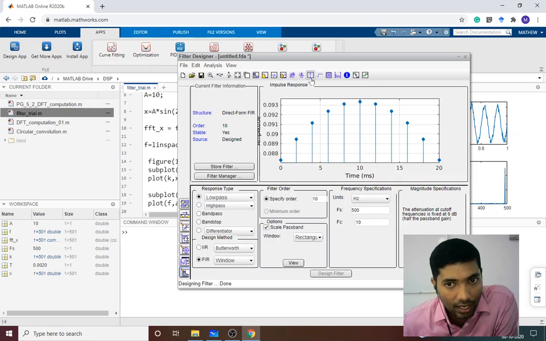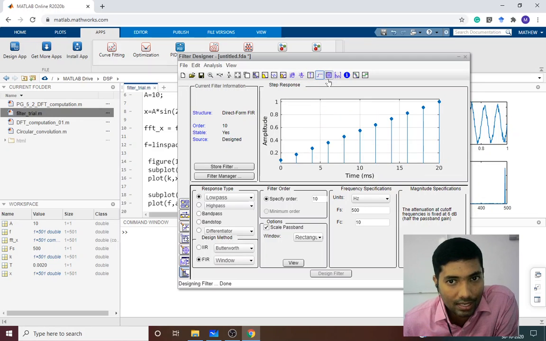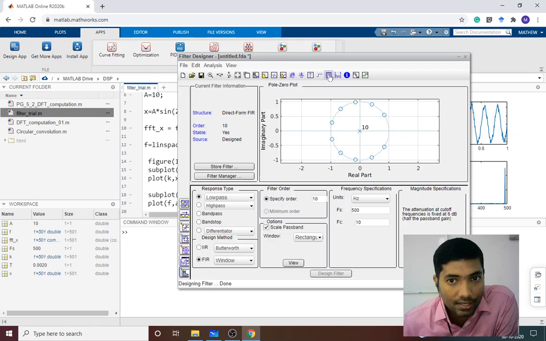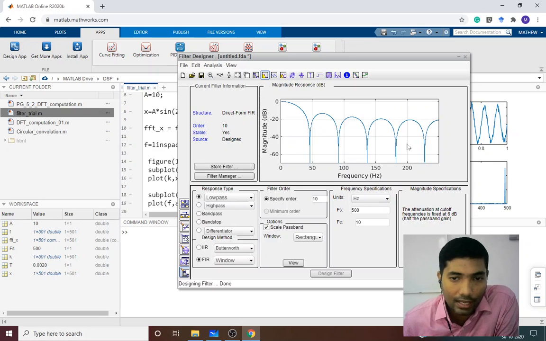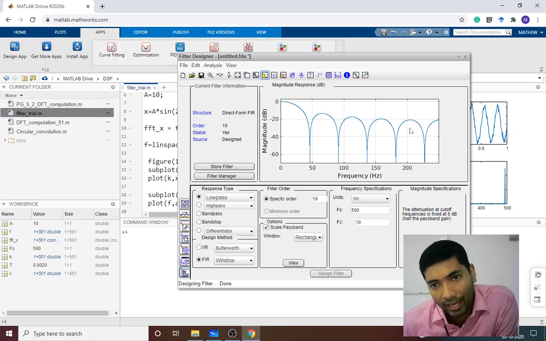This is an FIR filter, so you can see the symmetric nature of the FIR filter, which corresponds to linear phase. You can see the step response, and the poles and zeros. These are the zero locations, and so on. So these features are there. Let's see the magnitude spectrum for the moment, and we have designed the required FIR low pass filter.